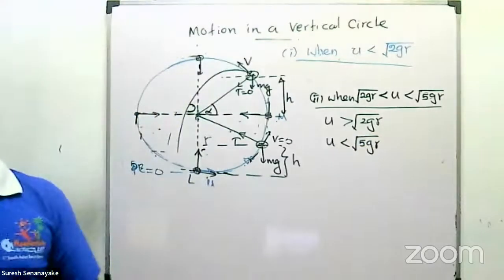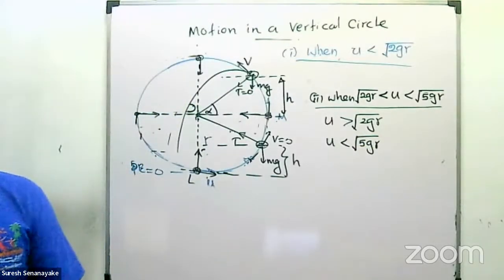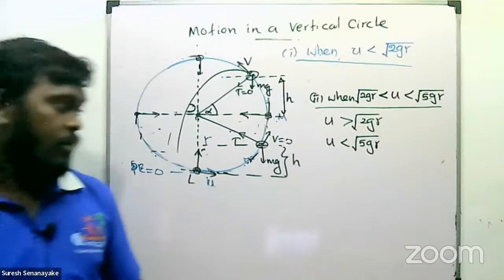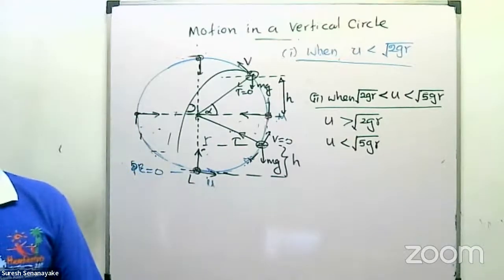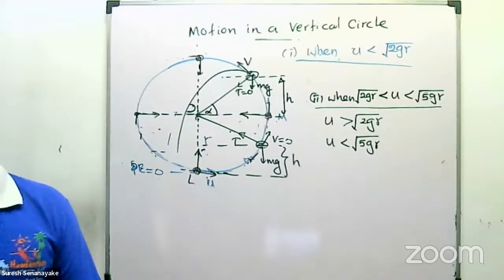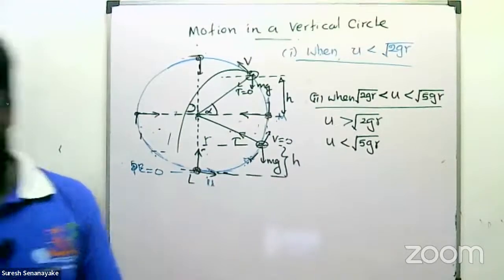So the body will leave the circle somewhere between M and H.